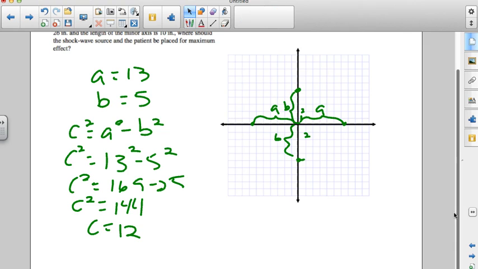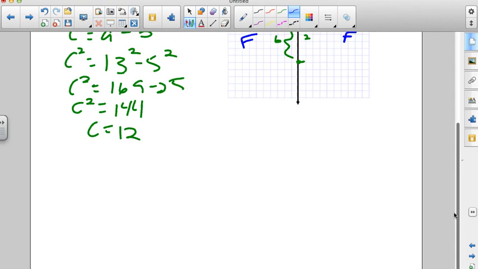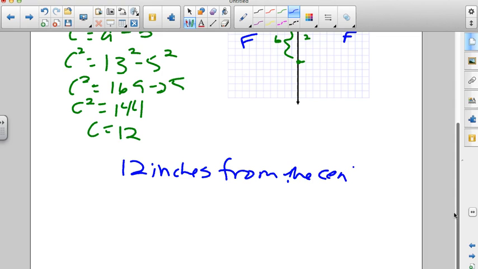Well, that means those foci are 12 units from the center. And that would be a great way to tell somebody where the patient needs to be and where the shock wave source for the lithotripter needs to be. So we could say 12 inches from the center.